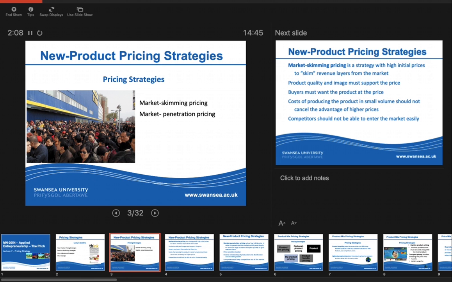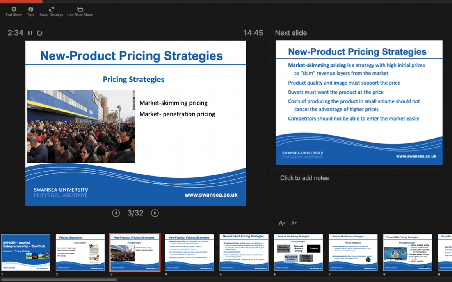So the 2 broad pricing strategies that we have are skimming and penetration. And briefly, what these are is to look at developing the market and increasing the amount of people that are actually going to be purchasing the product or service that you're actually providing.